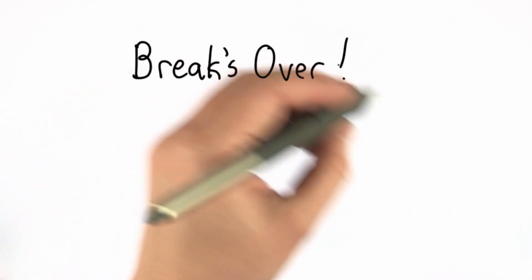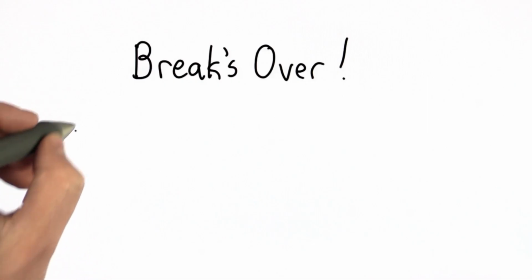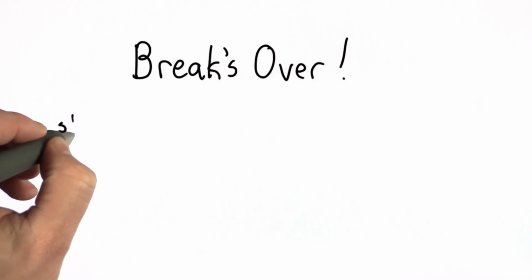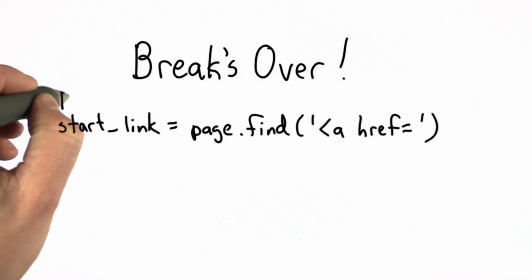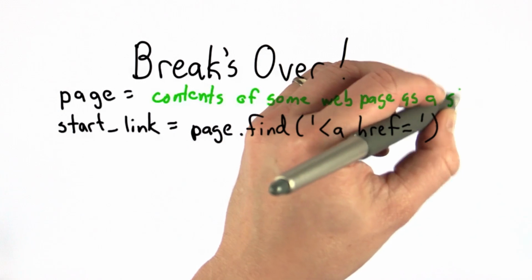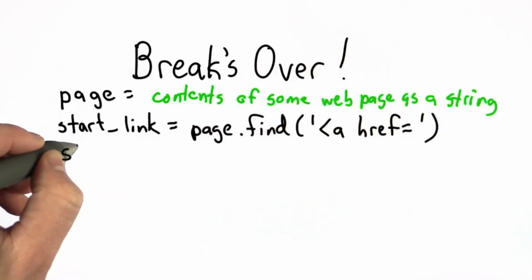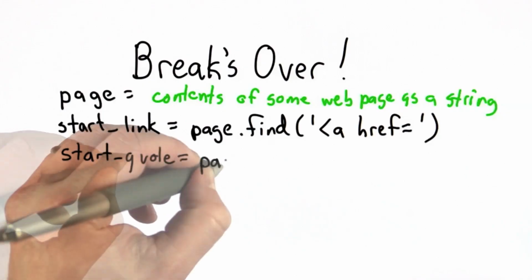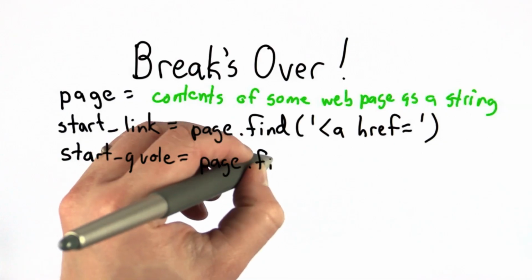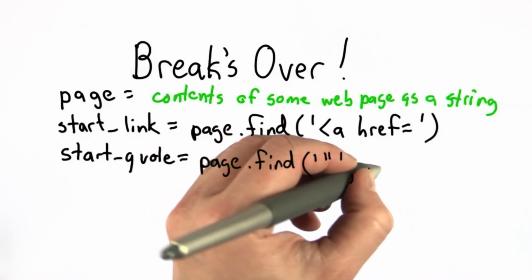We had the code that kept repeating to get one link after another. So we had code like this. We had finding the start link, and we assumed before entering this code that page has the contents of some web page. And we would search for the start of a link. Then we would find the start quote, again using find, but this time passing in the start of the tag and searching for the double quote.